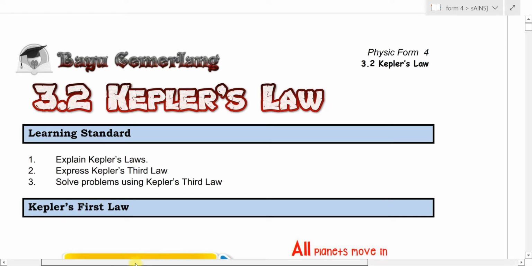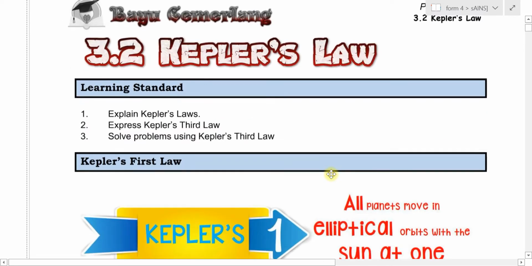So now, Kepler's law. Very easy subtopic like this one. What you need to know from this subtopic: you must be able to explain all three Kepler's laws. Kepler's law ni ada tiga: Kepler first law, Kepler second law, Kepler third law. You must know how to describe each law.